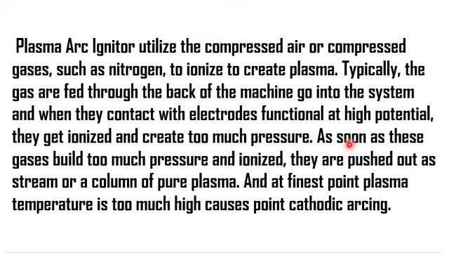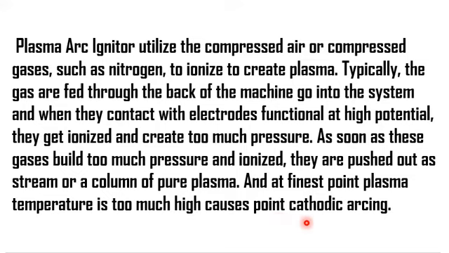As soon as these gases build too much pressure and ionize, they are pushed out as a stream or a column of highly energetic pure plasma. And at the finest point, the plasma temperature is extremely high, which creates a cathodic arcing.